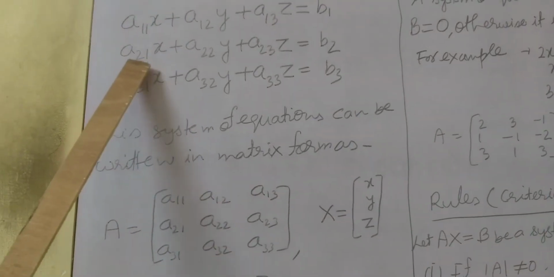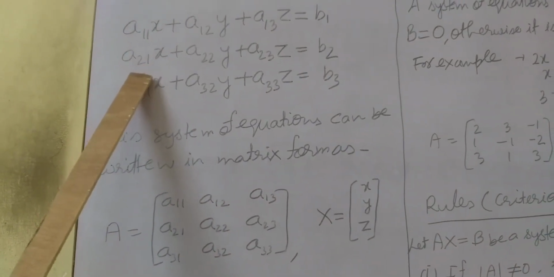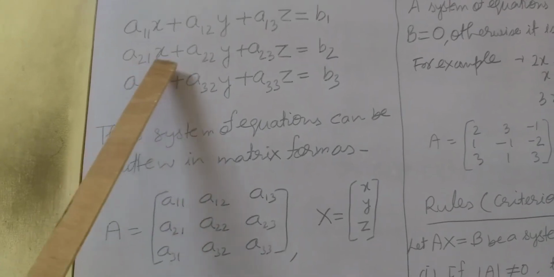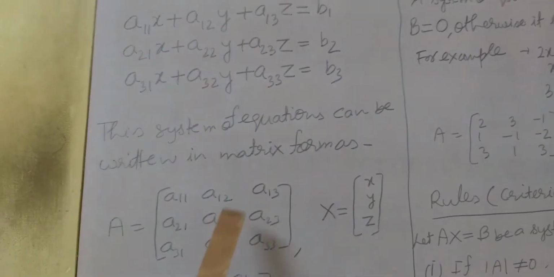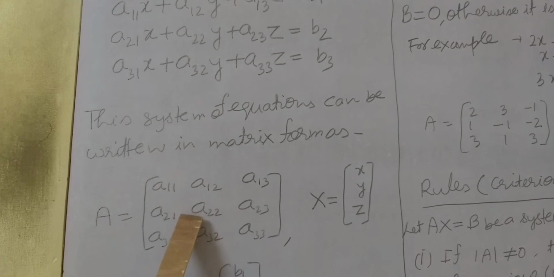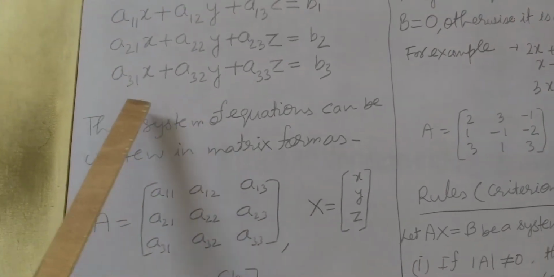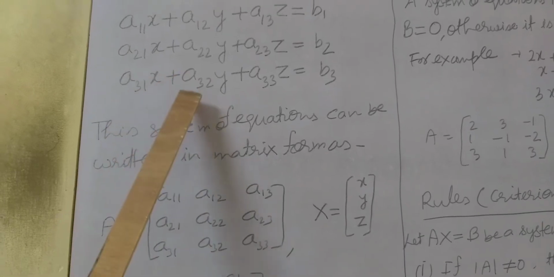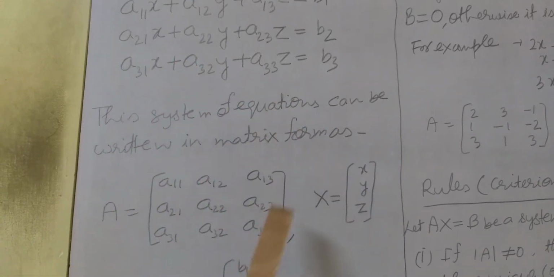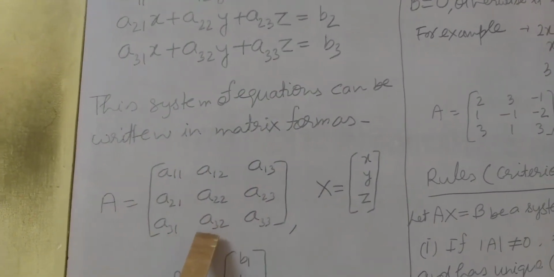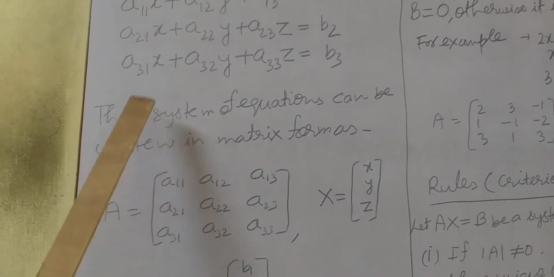In the second row, the second equation's coefficients a21, a22, a23. In the third row, a31, a32, a33. So this is the matrix of the coefficients of x, y, z.